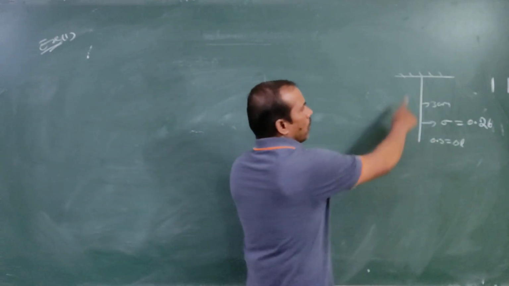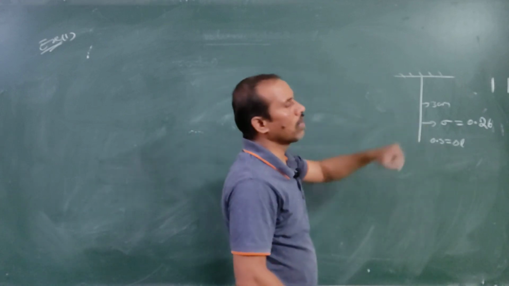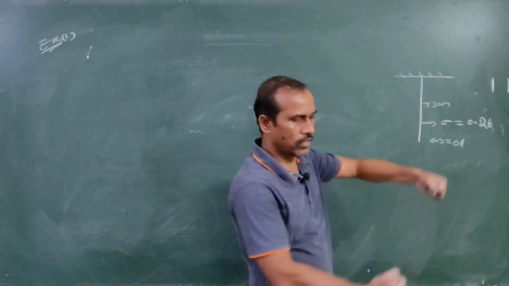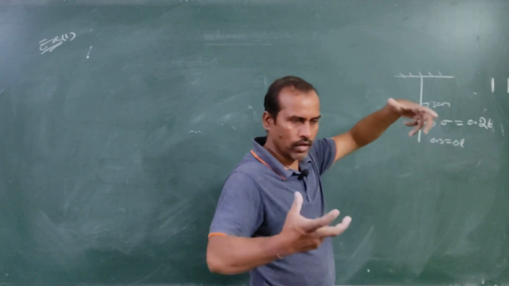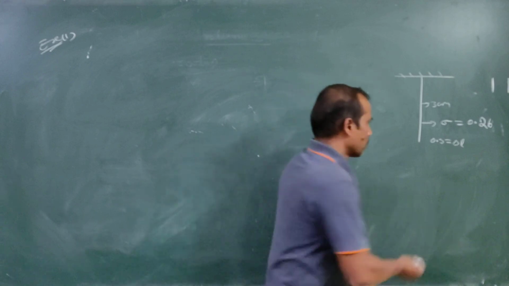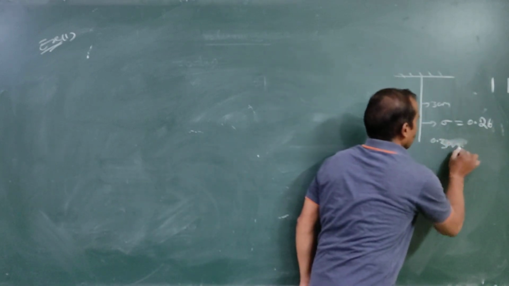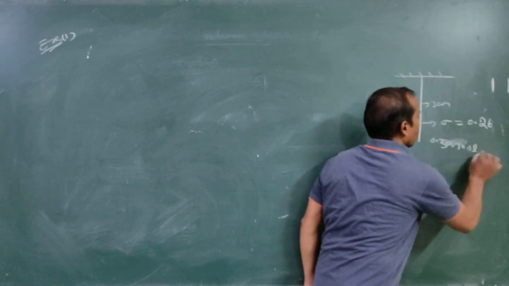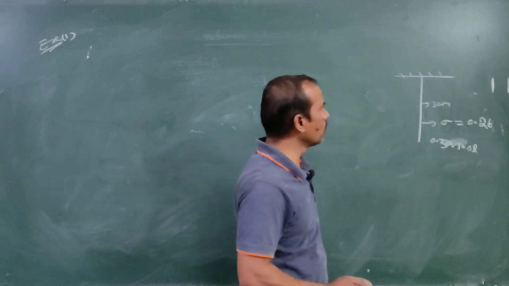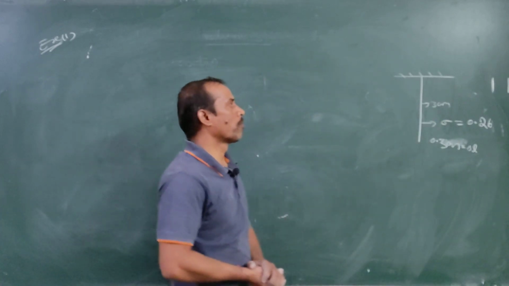That means the initial length of this wire is 3 centimeters. This is a copper wire. This copper wire is stretched, and the elongation in this wire is 0.3 centimeters. This is delta L. Now the Poisson ratio of the copper wire is sigma is equal to 0.26.